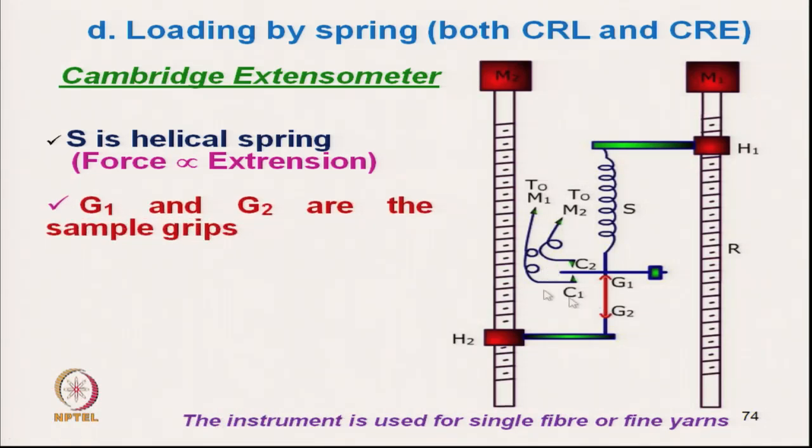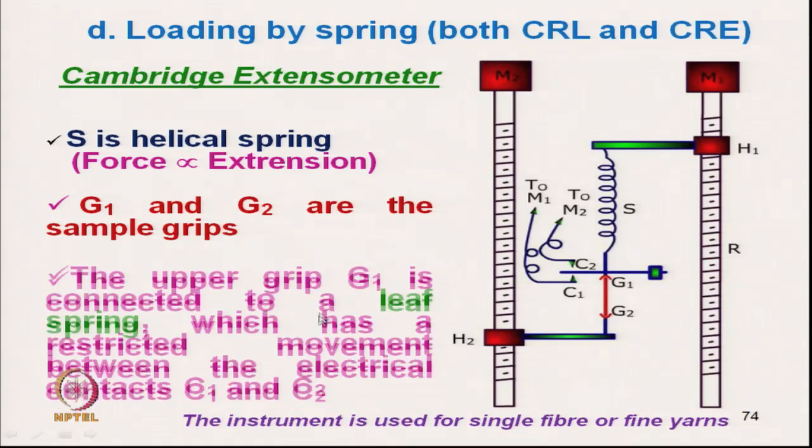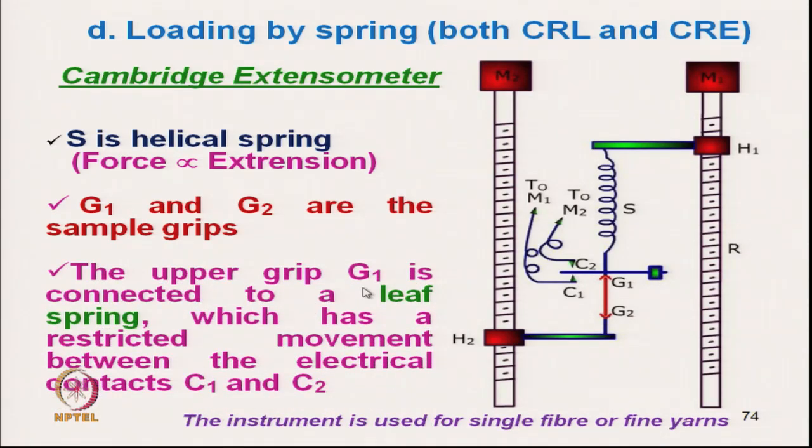G1 and G2 are the specimen grips. The red color is the actual specimen, and at the top jaw, that is G1 top grip, one leaf spring is there; the upper grip is connected with the leaf spring.